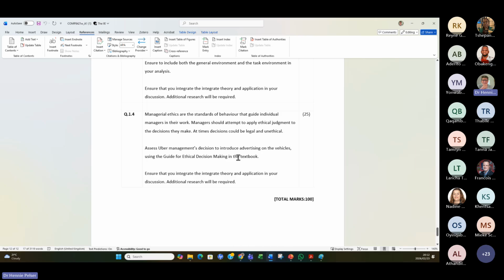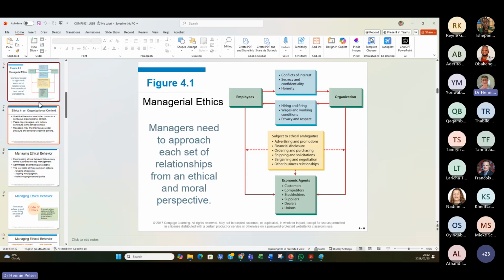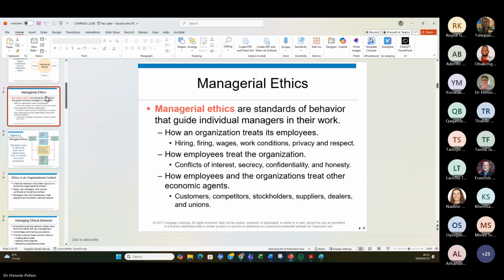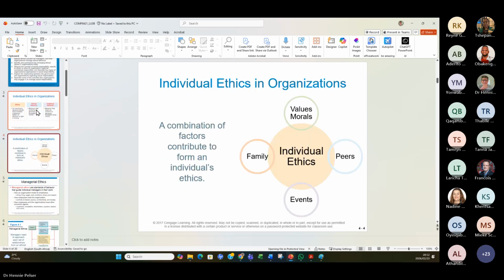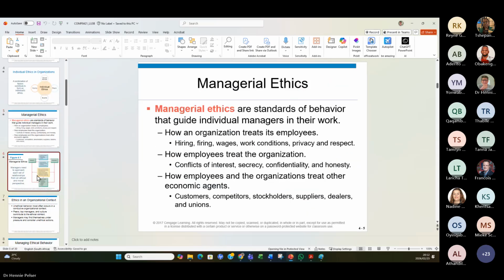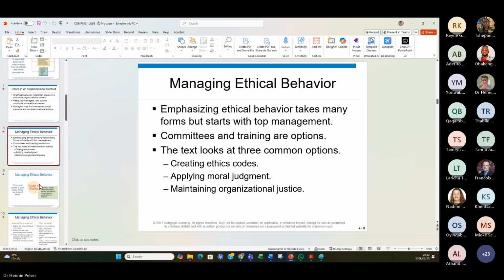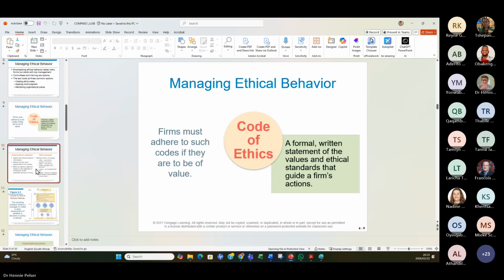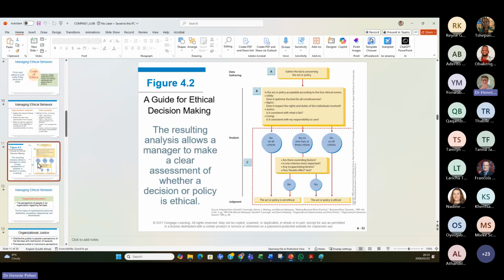The guide to ethical decision making in the textbook. And my apologies, I should know where this is actually. So it is Learning Unit 4. Sorry, I'm talking rubbish. Learning Unit 3B, and it is figure 4.2.